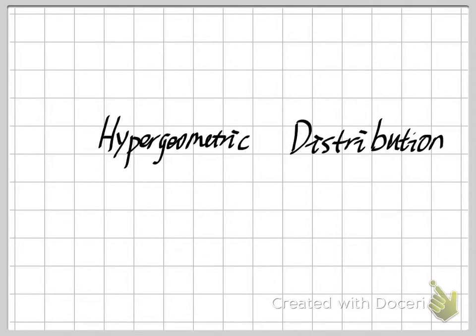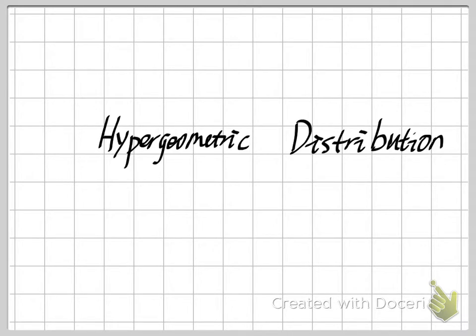So for this lecture, I will give similar topics of the probabilities of some classical discrete random variable here. So in this lecture, I want to talk about one more distribution. This is the hypergeometric distribution.